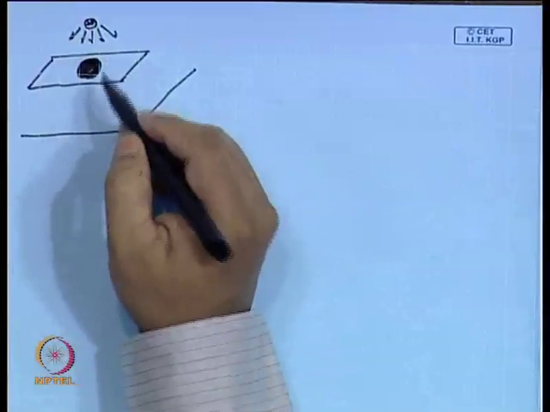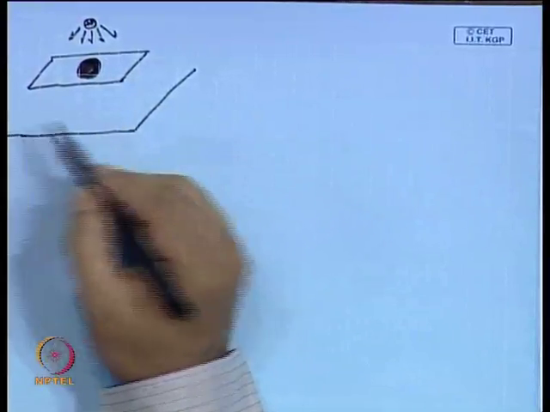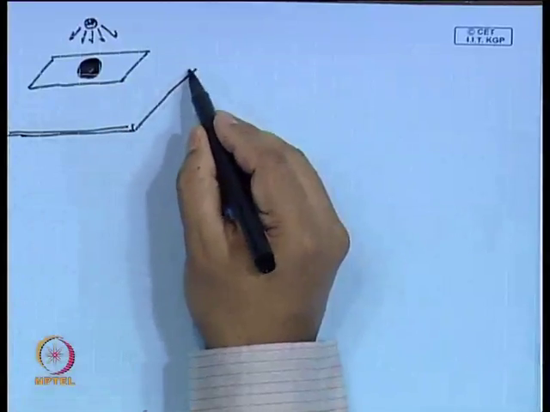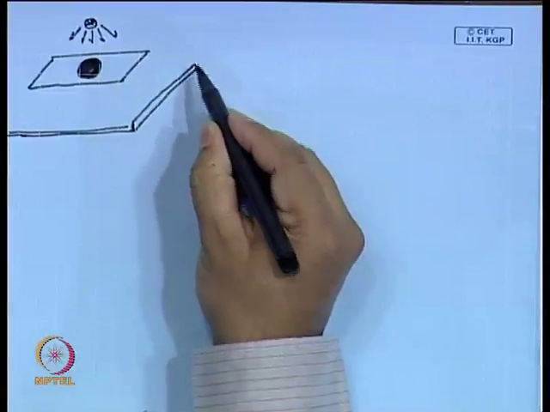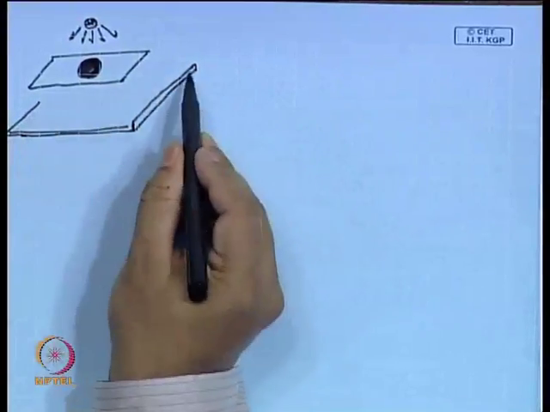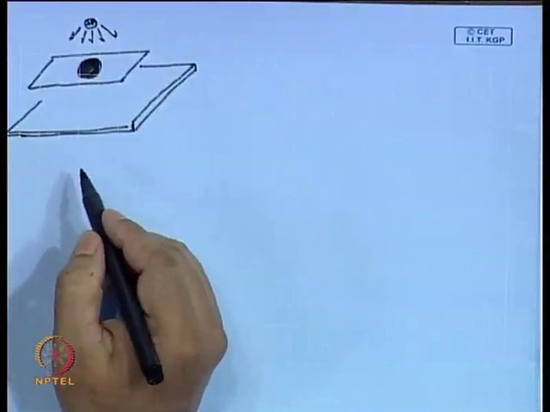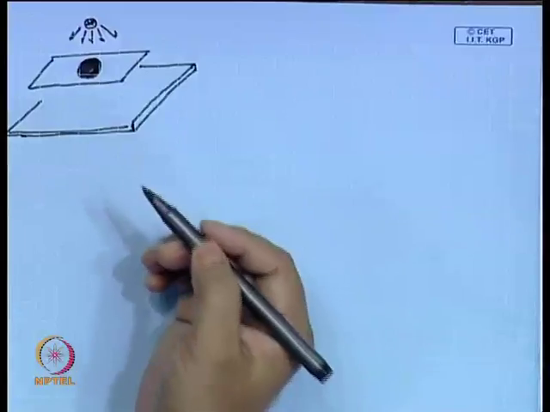Now, this silicon substrate is coated with a photoresist material. That means, this silicon substrate is coated with a polymer. That polymer has some photo solubility.